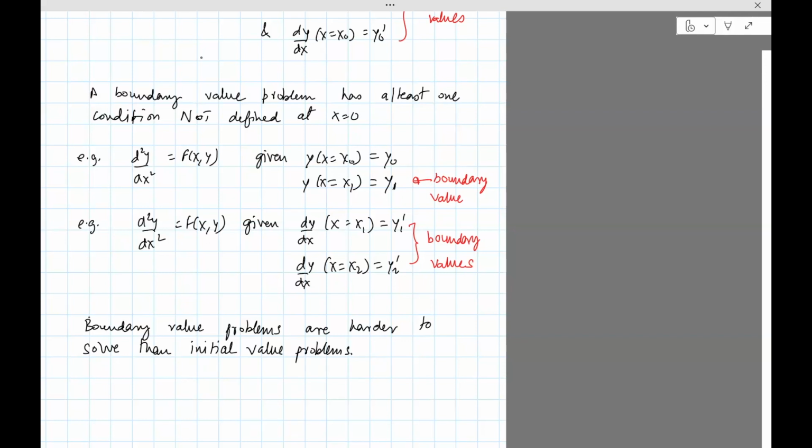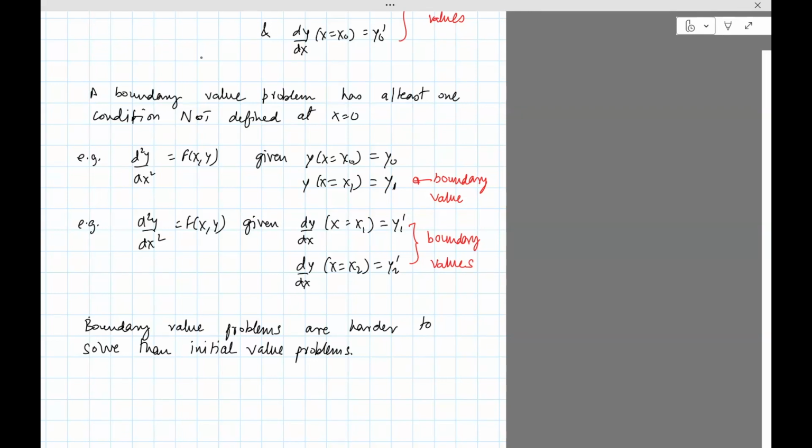Because you don't know where to start them from, right? You don't know what to initialize them with. So you need some kind of an iterative way of figuring out the starting point so that after integrating over so many seconds or whatever the unit is, you end up with that value which is given to you.